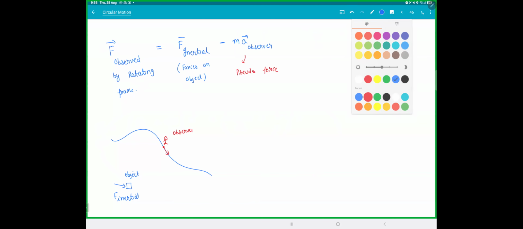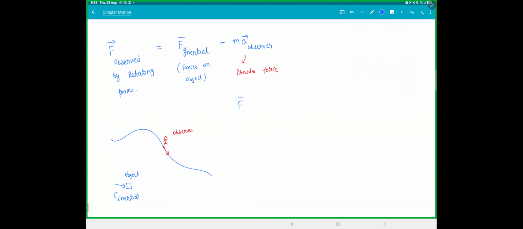So when you bring all those terms here, the force as observed by the rotating frame, I'll just write it as F rotating frame, will be F inertial minus M into d square r by dt square minus M into omega square r, r cap.